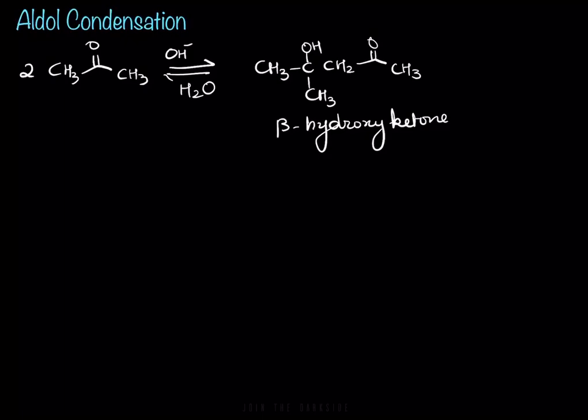Again, the name comes from the structure. Here is your keto group, and this is the alpha position, and this is the beta position, and the hydroxy group is on the beta carbon, and therefore it's a beta hydroxy ketone.